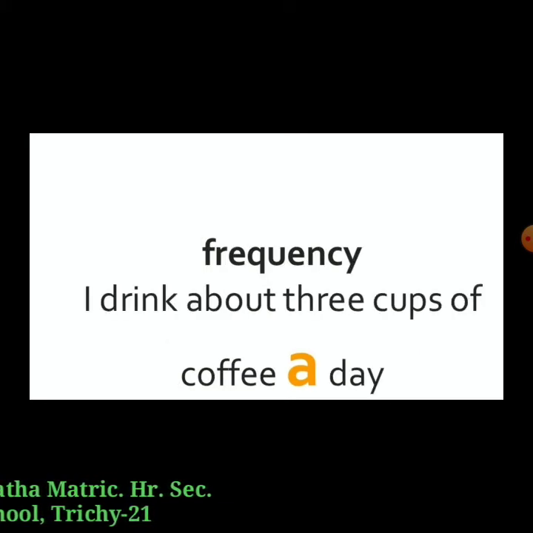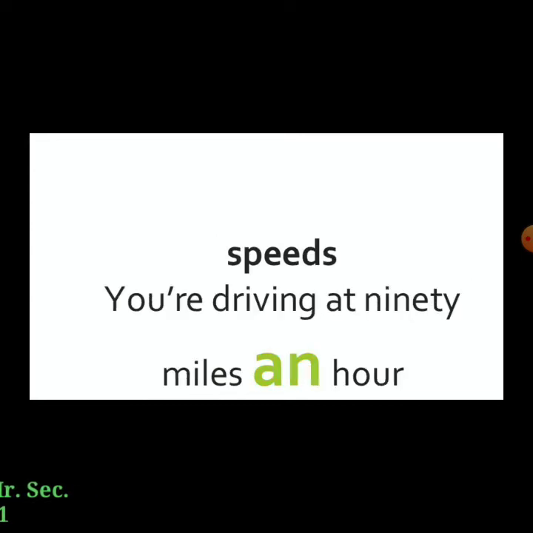Frequency: I drink about 3 cups of coffee a day. That's frequency, often in routine work, so we can use a. Speeds: you are driving at 90 miles an hour.